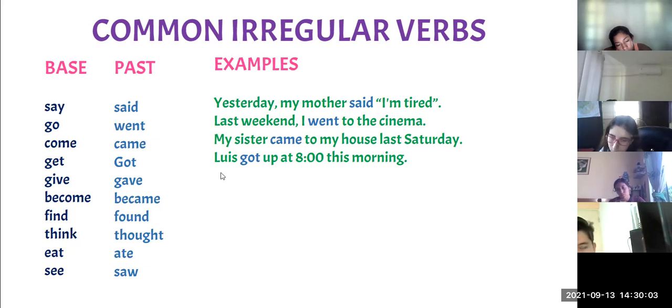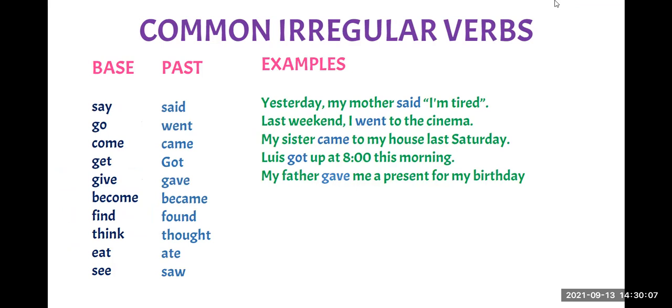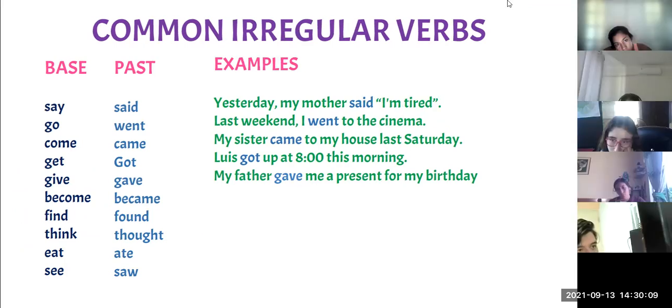The next one, we have gave. My father gave me a present for my birthday. What can you say with gave? I gave you a gift for your birthday last week. Okay, yes, very good. Any other examples? No?